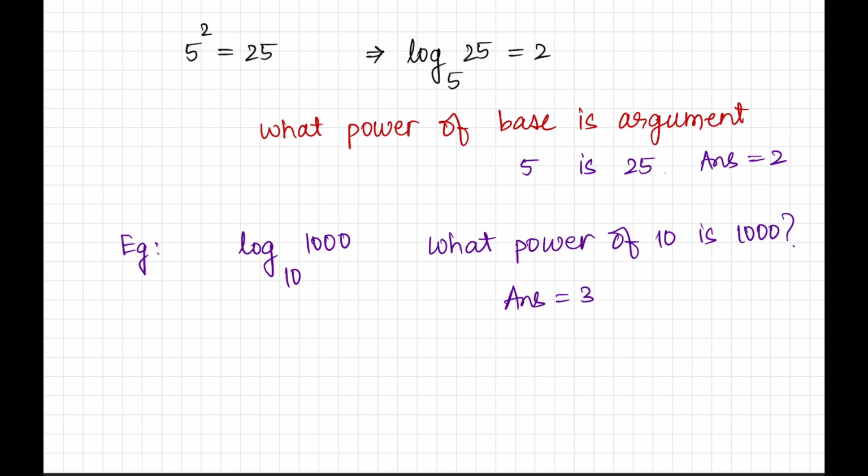And similarly, let us take another question, and suppose here it is asked log 32 base 2. So what power of 2 is 32? So the answer clearly is 5, and that is how we get the value of log.